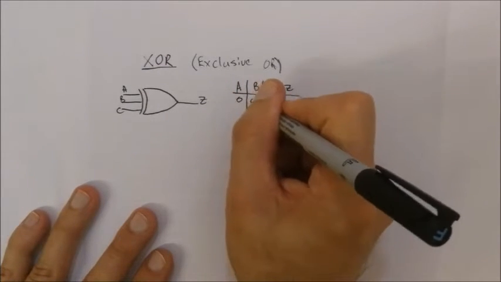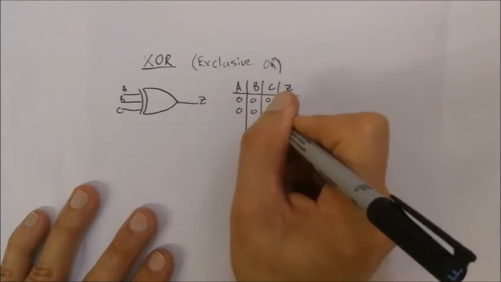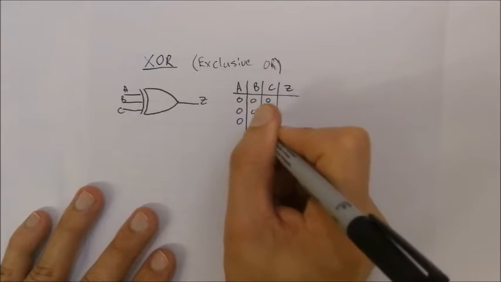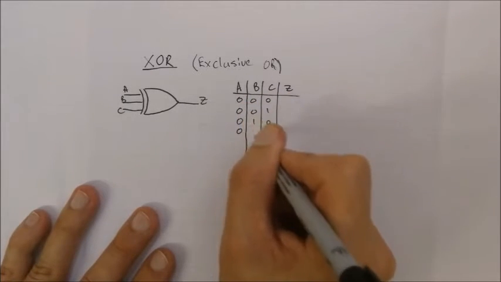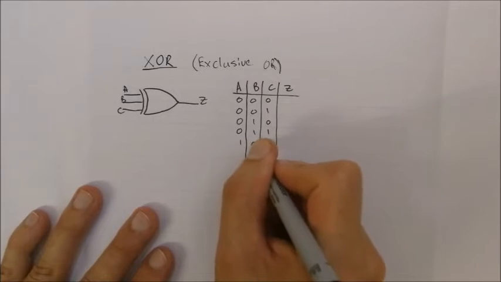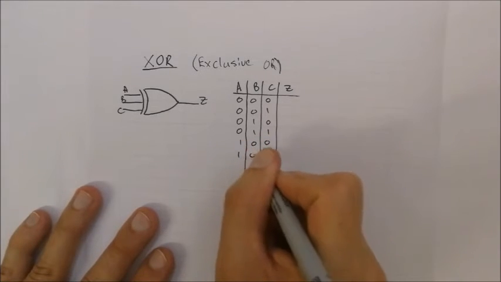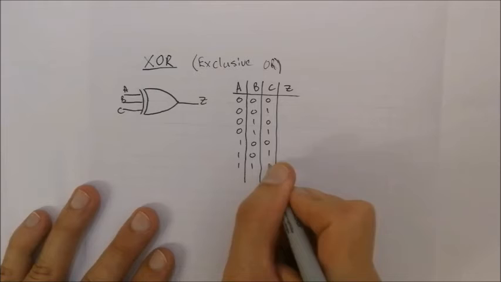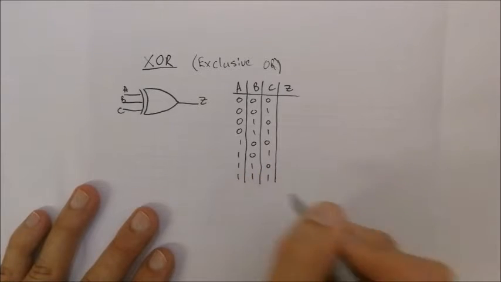So there's 0, 0, 0, 0, 0, 1, 2 would be 0, 1, 0, 3 would be 0, 1, 1, 4 is 1, 0, 0, 5 is 1, 0, 1, 6 is 1, 1, 0, 7 is 1, 1, 1.